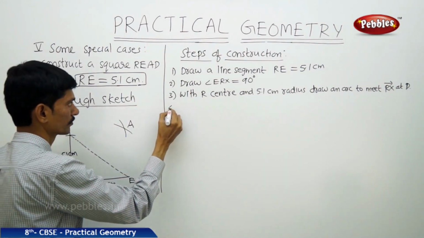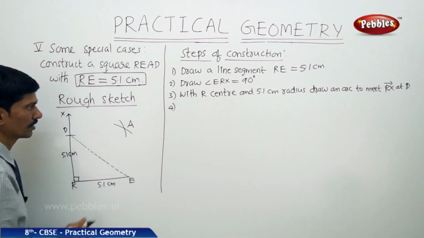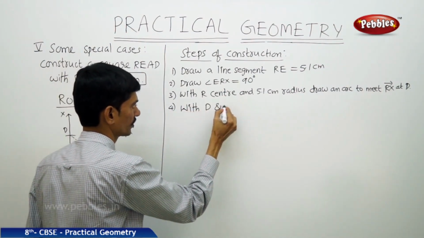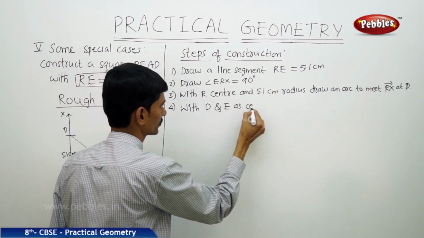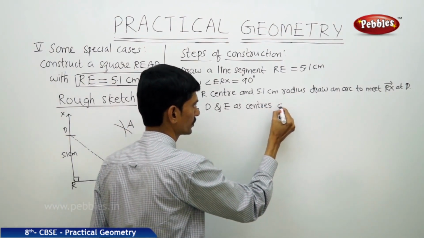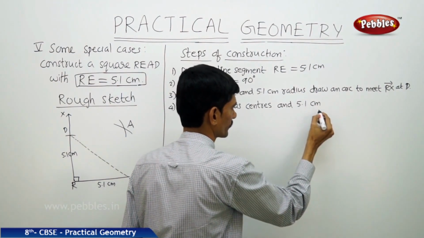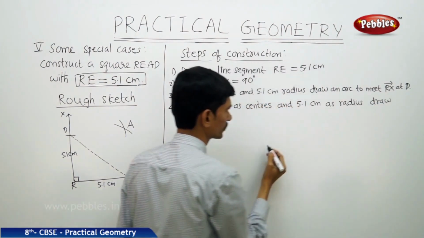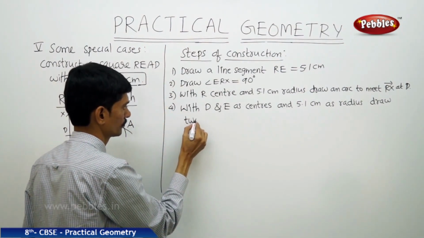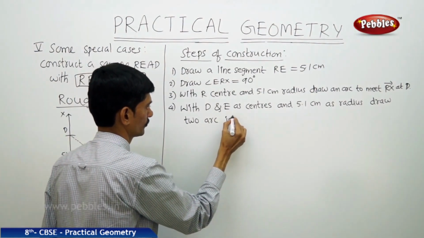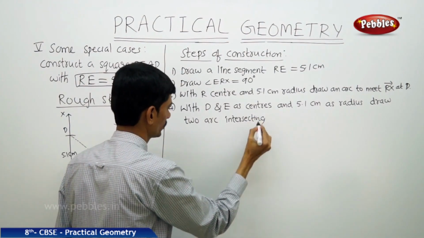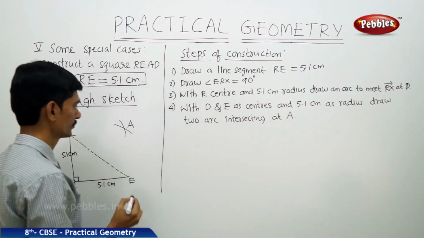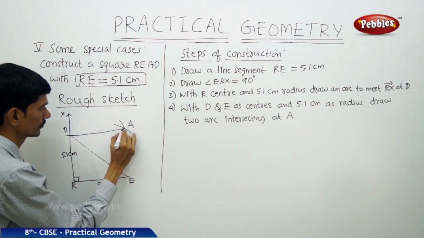So we can write that with D and E as centers and 5.1 centimeters as radius, draw two arcs intersecting at A. Now join DA and AE.